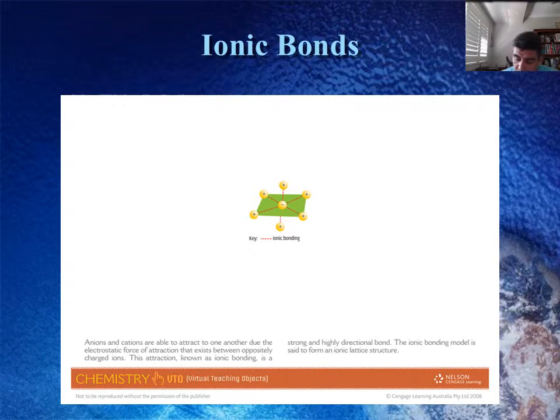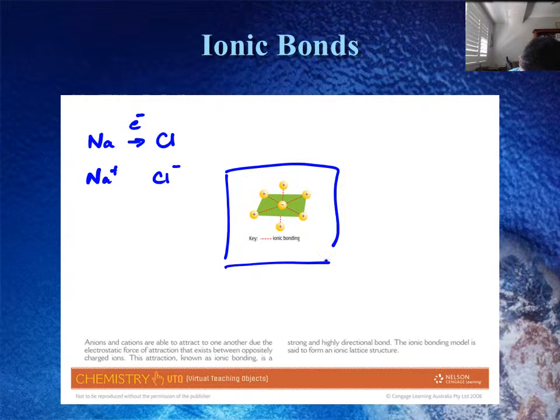The thing with ionic bonds is that we have to distinguish between 2 species that attract one another. That is, if the sodium transfers an electron to the chlorine, then the sodium will become positive and the chlorine will become negative. And we sort of tend to think about them as a pair. But in reality, this is more likely to be the case.